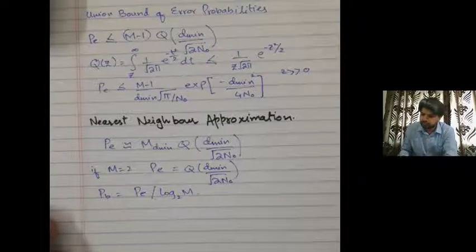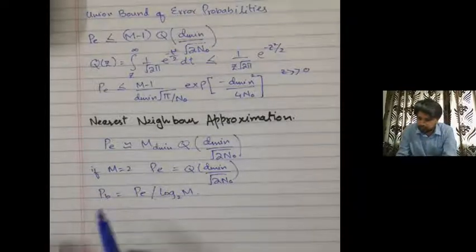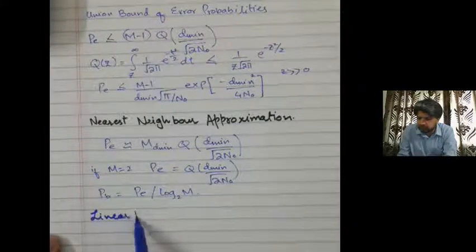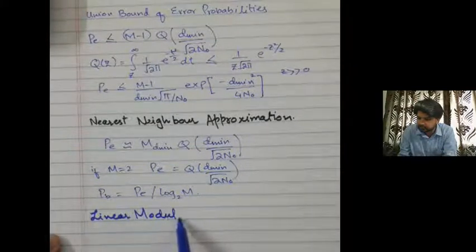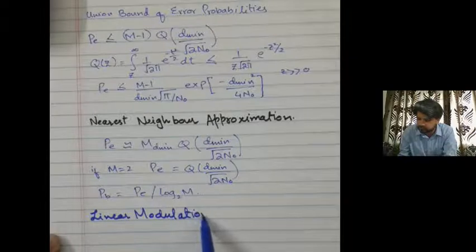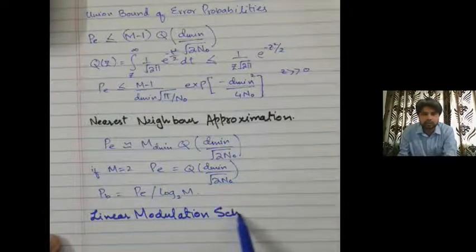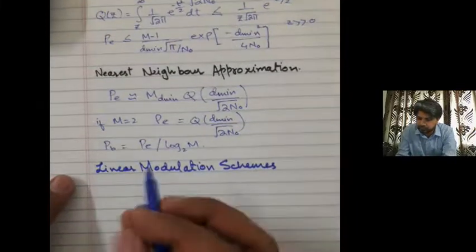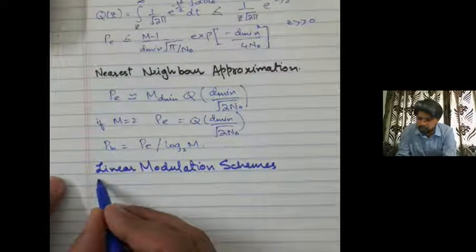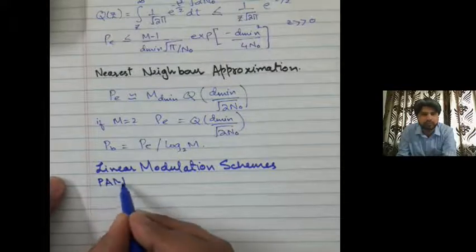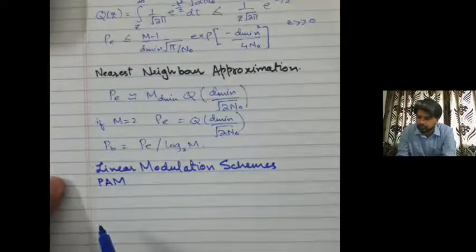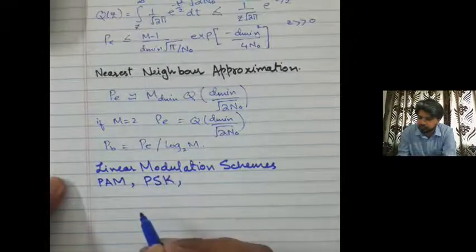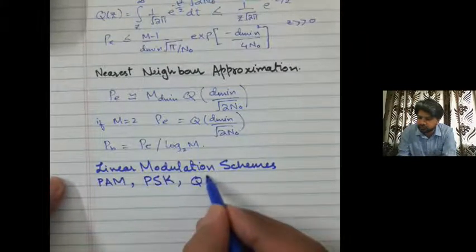So linear modulation schemes would include pulse amplitude modulation, also called PAM, phase shift keying, and quadrature amplitude modulation.